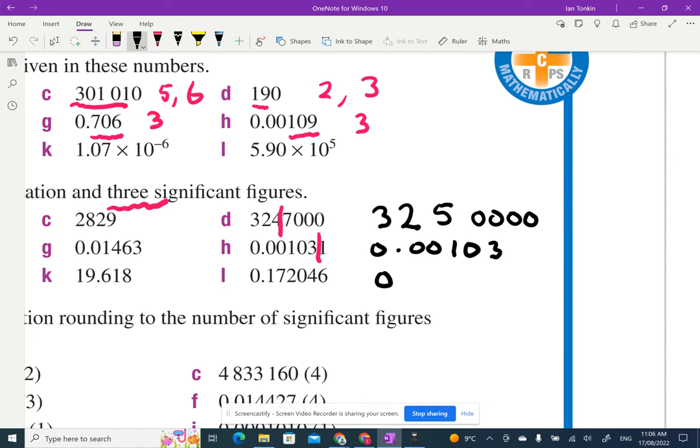Here, that first 0 is not significant. And I'm going to go there. I'm going to write the 1 and the 7. Now, sorry, I've drawn that line in the wrong spot. Is the number behind that 2 5 or more? No. So we leave it alone. We round, keep it the same.